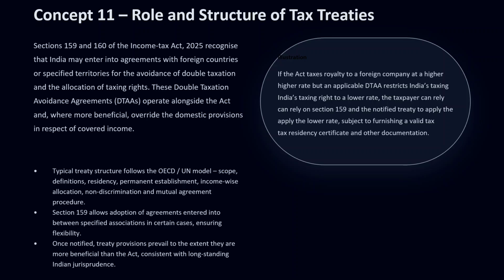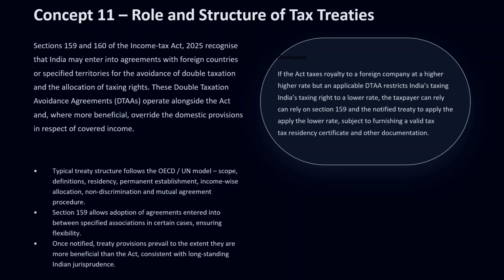So these are our double taxation avoidance agreements, which we call DTAAs. They operate alongside the domestic law and apply where they are more beneficial to the assessee. Most DTAAs broadly follow the OECD model and the UN structure. They start with the scope and definitions.